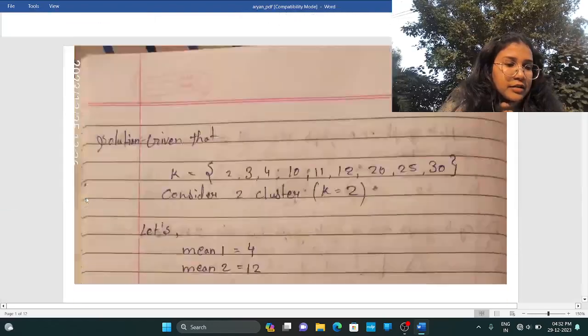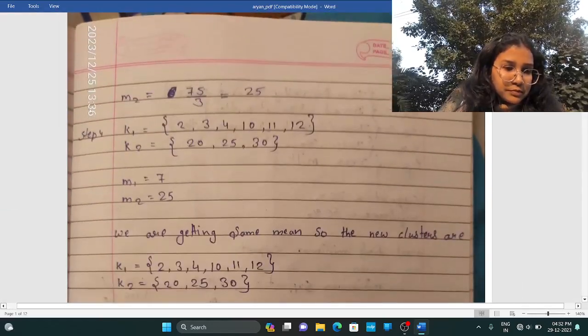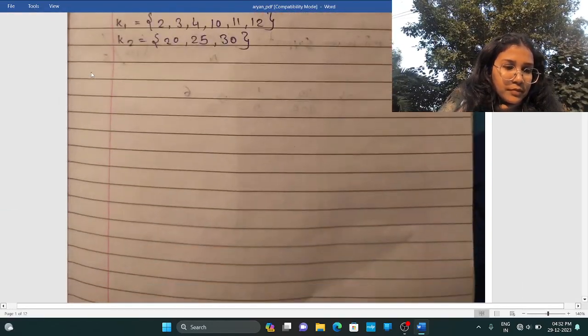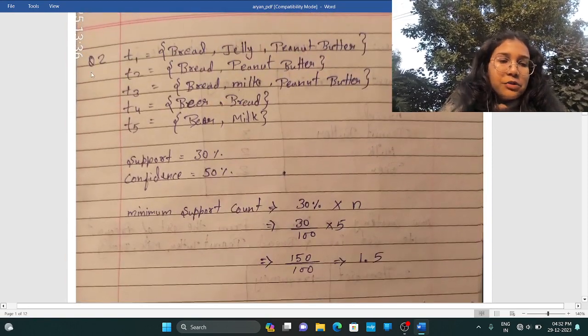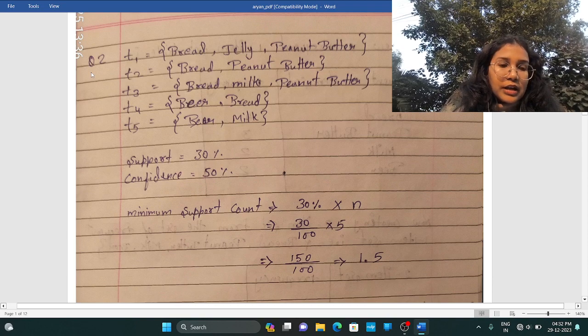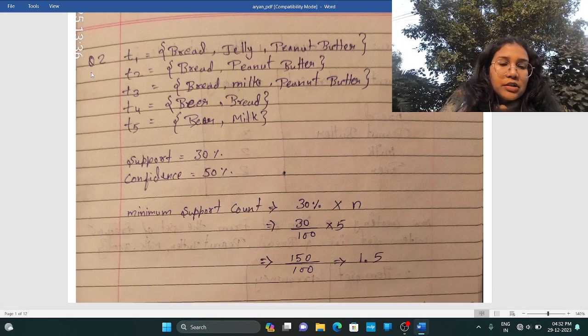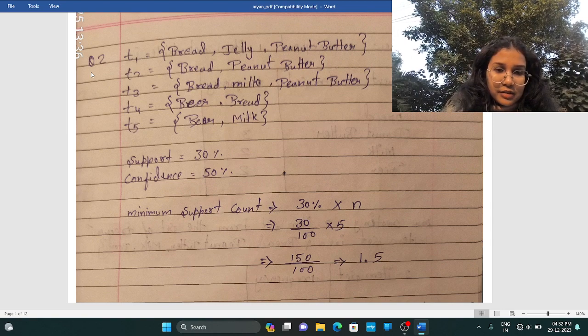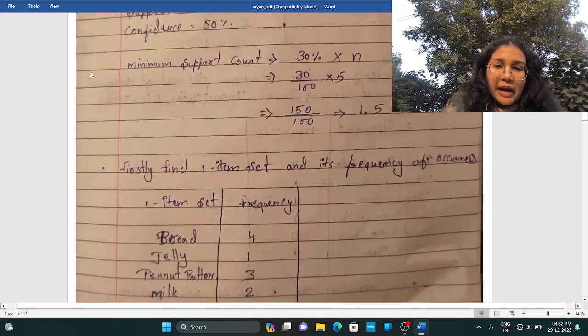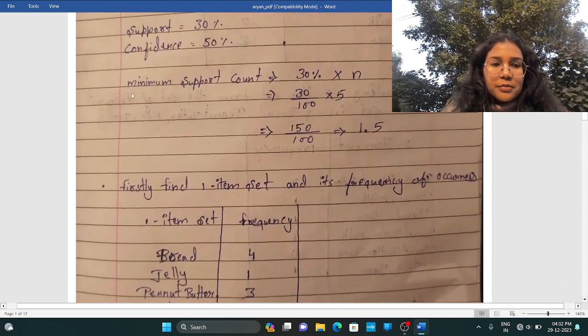Let's start question number 2. We have given T1, T2, T3, T4 and T5, with support equals 30% and confidence equals 50%. Minimum support count equals 30% times n, the number of transactions, which we calculated as 1.5.